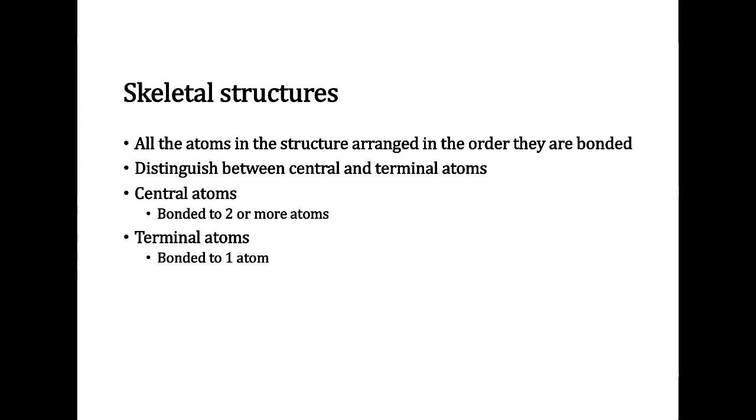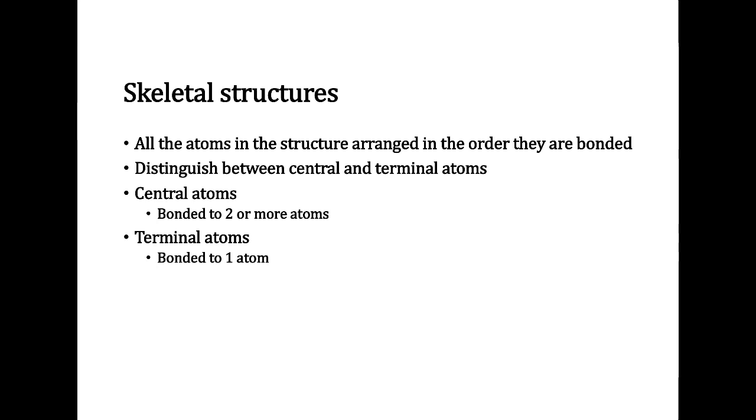All right, so whenever we're drawing a skeletal structure, sometimes you'll be given a structural formula where the atoms are listed in such a way that it tells us what order they occur in. Other times we're going to have to try to make the molecule as symmetric as possible, but as we practice more and more, your chemical intuition will be growing. So what we really want to start out with is to distinguish between central and terminal atoms.